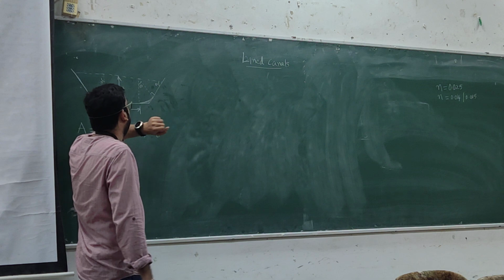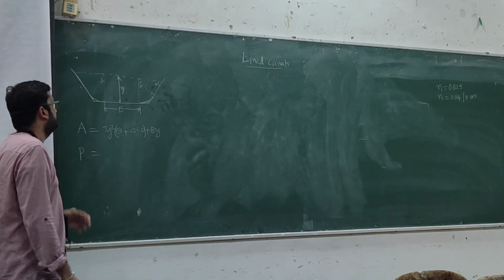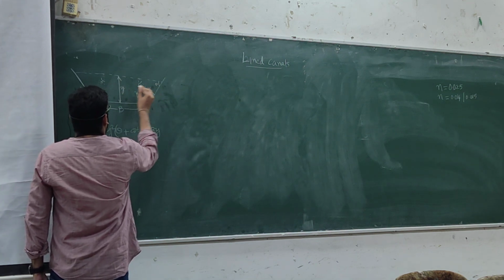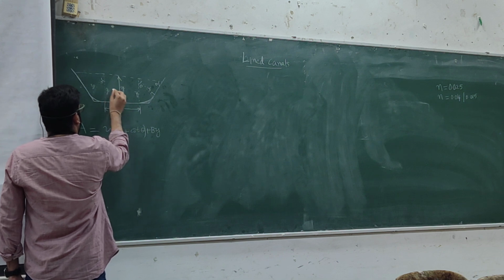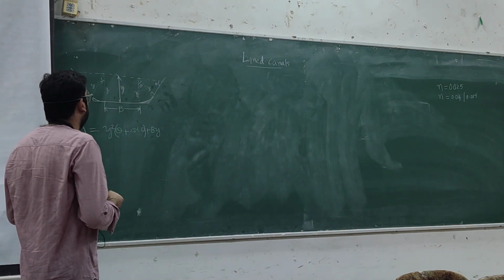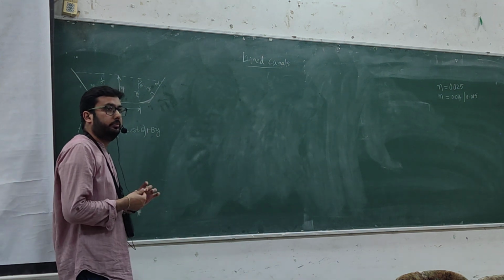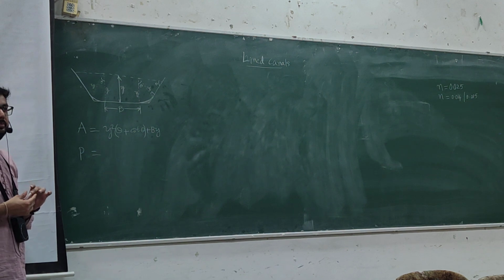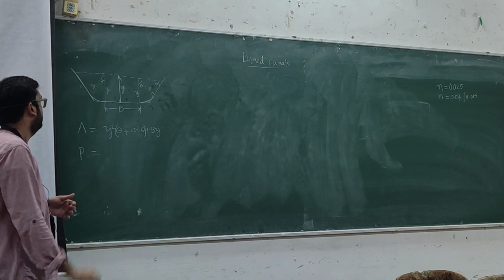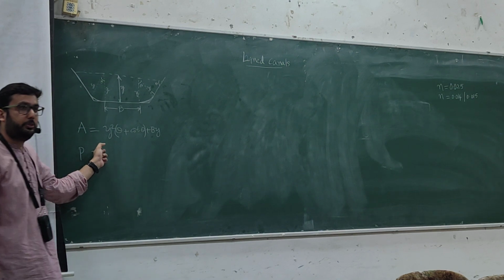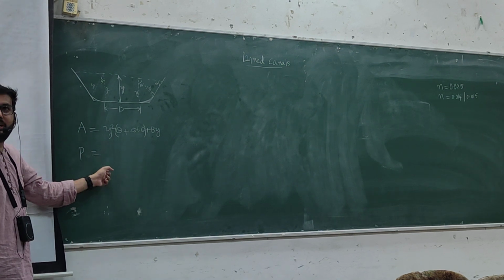What is the area of this triangle? Do you get a different area or the same? Same. And what about the perimeter?